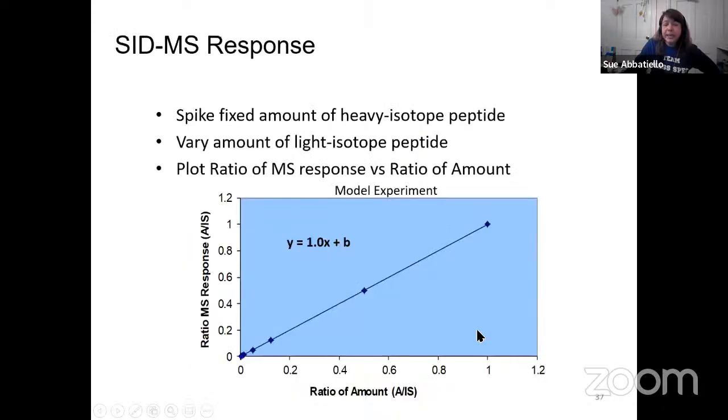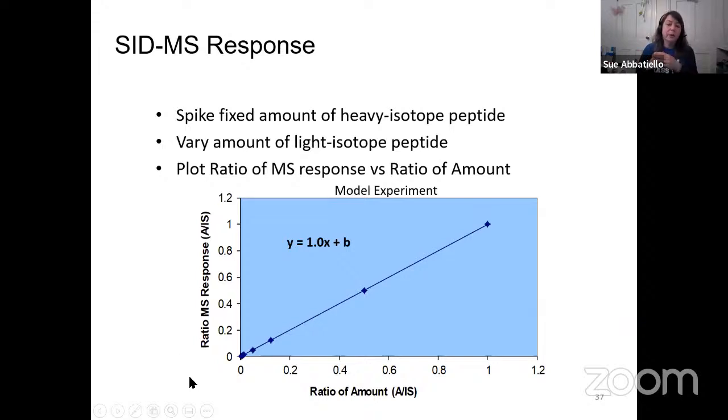And the idea here also is quantitatively, you should see a linear response for changes. So we often look at the ratio of the MS response of the analyte divided by the internal standard, and the ratio of the amount of these.